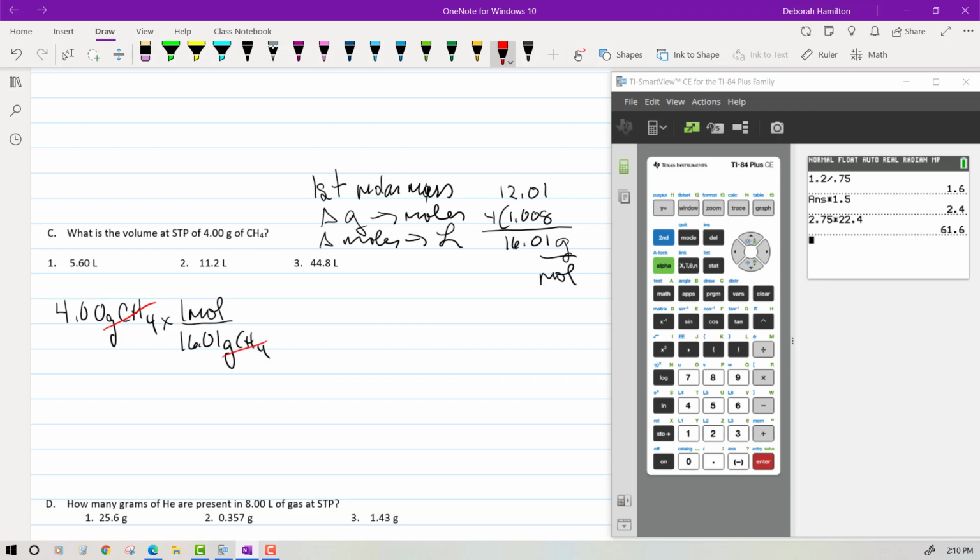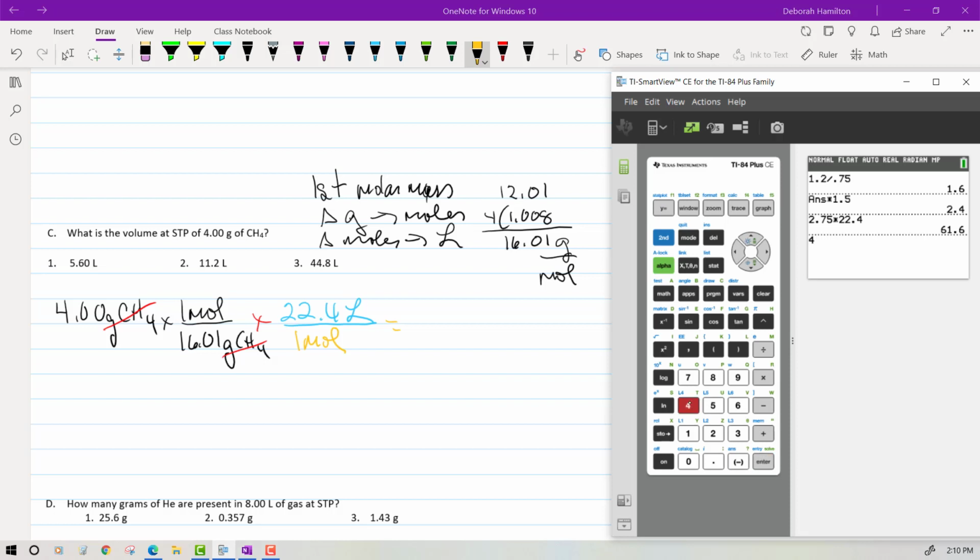And then notice I need to go from moles to liters at STP. I know I need my volume, and the 1 mole part goes on the bottom. That will get me liters at STP.